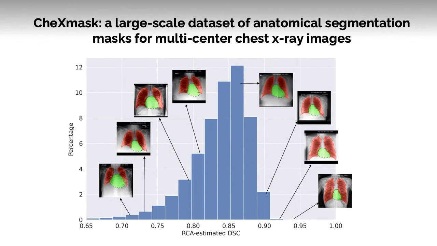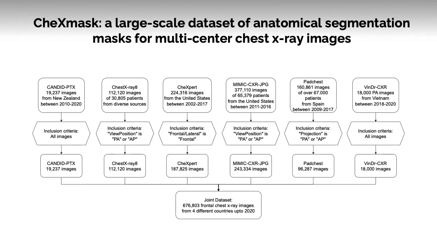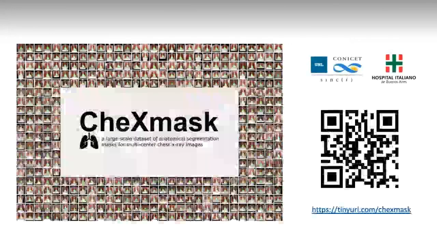So what we wanted to do was to construct a huge data set where we fused all the images out there from many data sets. So we have about 600,000 images here, with the corresponding segmentation maps that we produced with our model, which was really robust with respect to the different sites or whatever. So we did that.